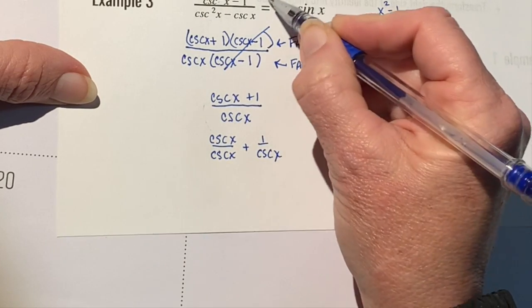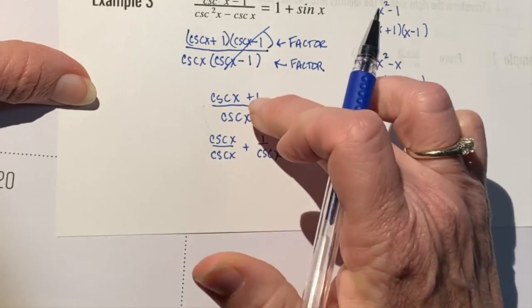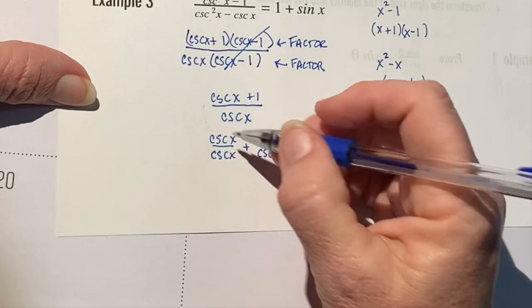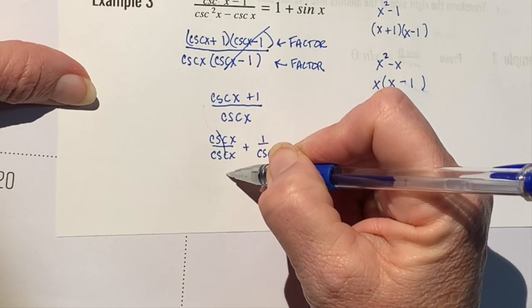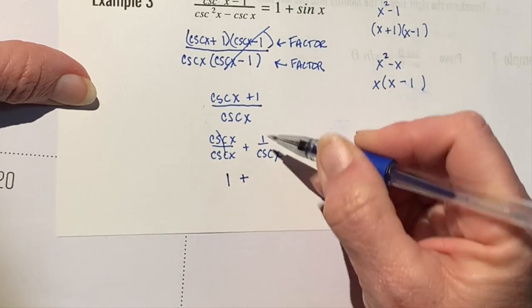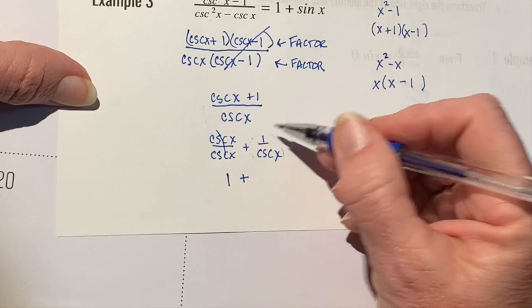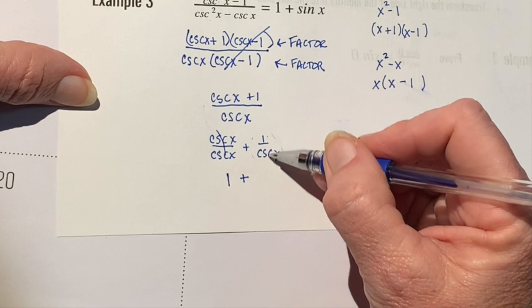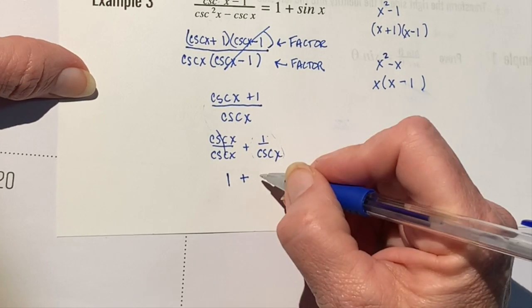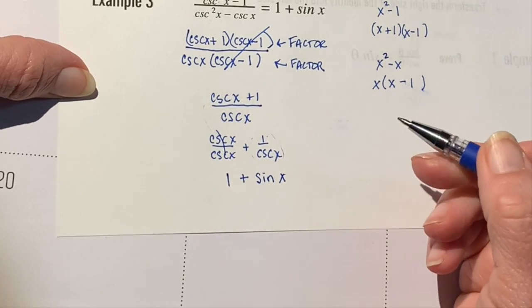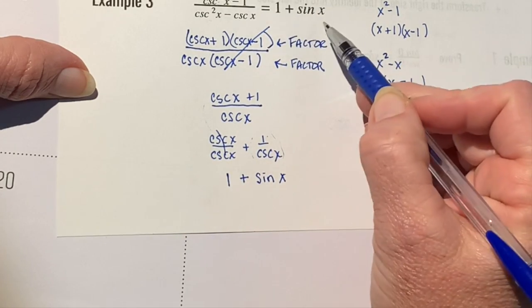But knowing I see the 1 here, that's what prompts me to realize that this cosecant over cosecant is going to give me my 1. And so it does. Anything divided by itself is 1. So can I get this to be a sine? Well, yeah, because sine is the reciprocal of cosecant. So 1 over cosecant is equal to sine. And I now am where I need to be.